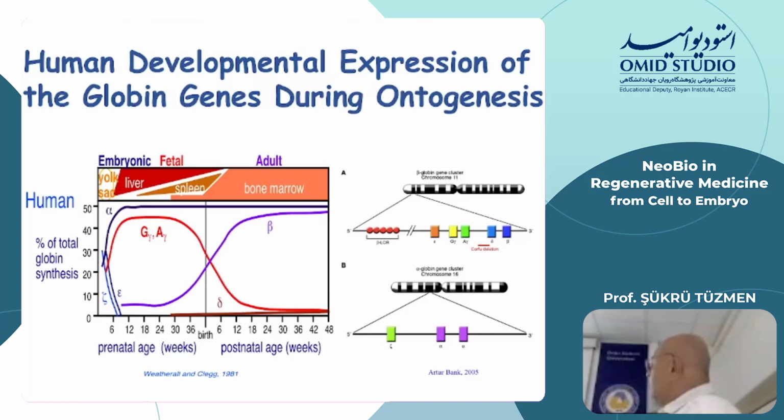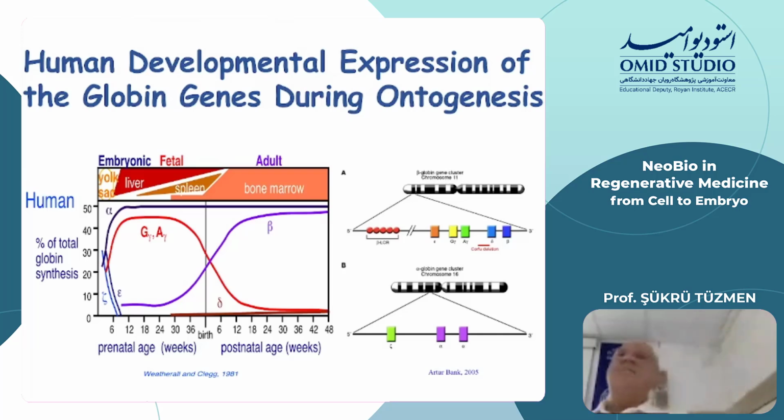So we start with, you can see on the top right-hand side, chromosome number 11, and there is a locus control region right next to that. The distance is actually far away, but the first gene involved is the embryonic gene epsilon, okay?